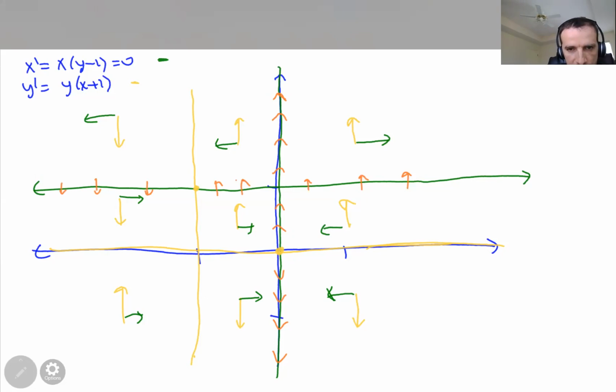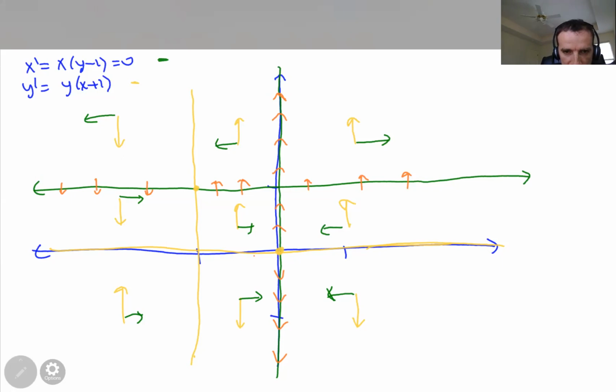So similarly, on the y null lines, whenever y prime is 0, which means y is not changing, only horizontal change is happening then. So on the y null lines, for example, the horizontal y null line, this one, y is equal to 0. It should be all horizontal.